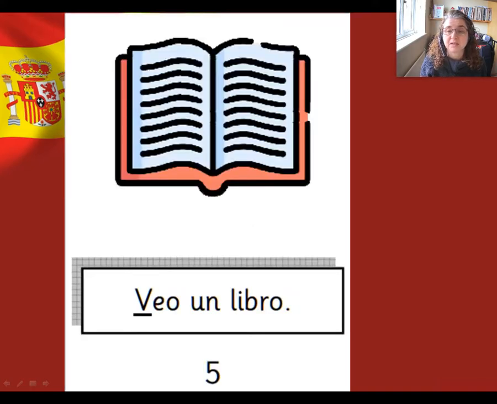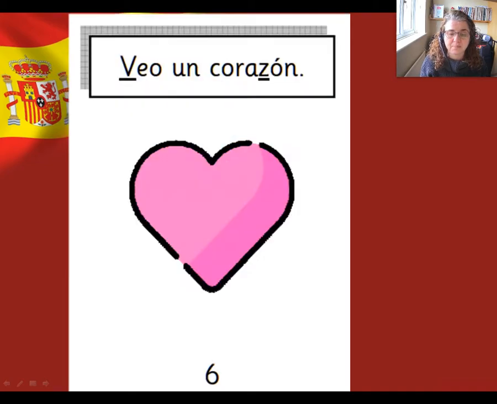Page 5 says, Veo un libro. What do you think this one means? That's right, I can see a book. And un libro, is that masculine or feminine? Yep, it's masculine. It has un before it and ends in o. And this one, veo un corazón.